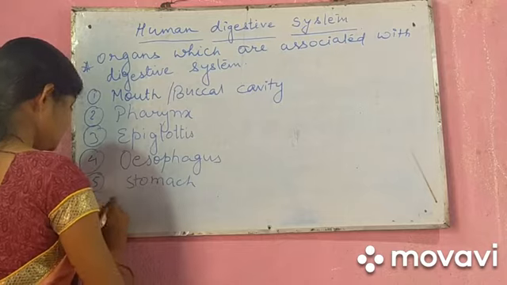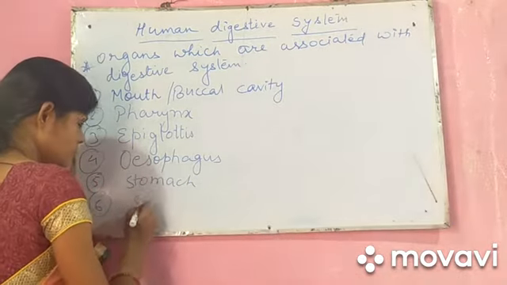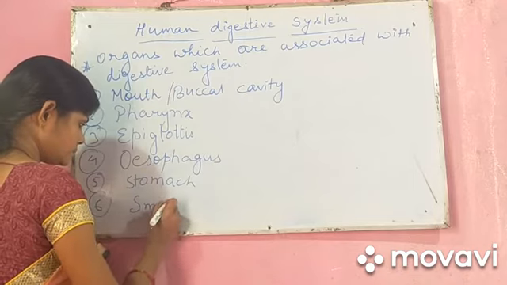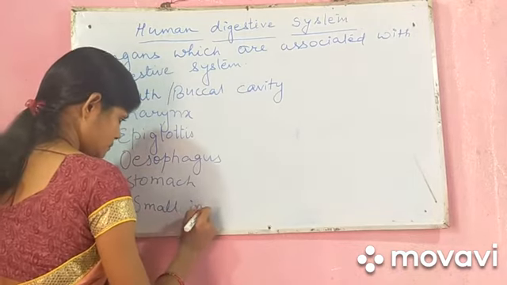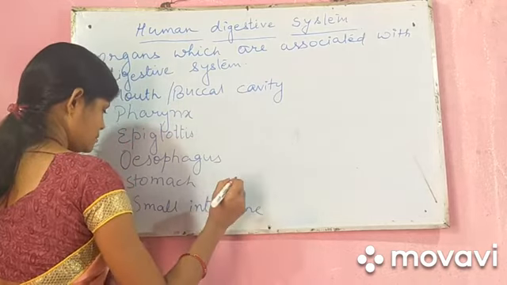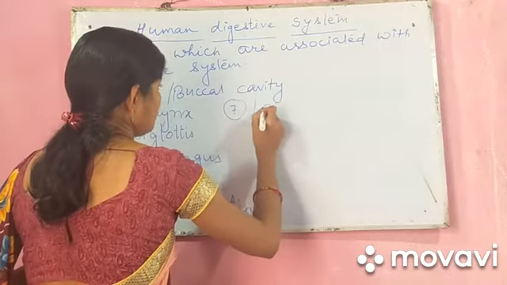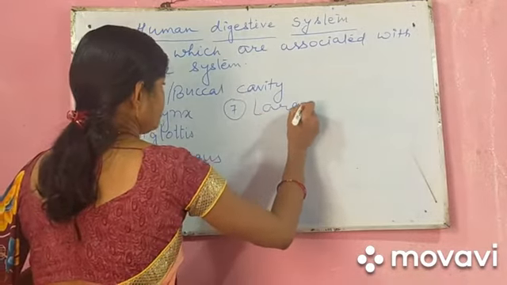After stomach, small intestine. Seventh one is large intestine.